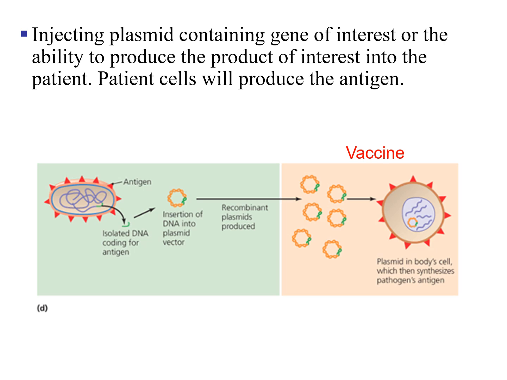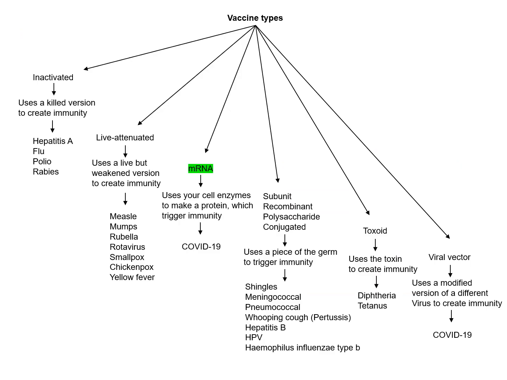Either way, the patient's cell will produce that protein. So that would be the vaccine. To further illustrate that one, think about the mRNA vaccine that we got from Moderna. That's what it did: they introduced the mRNA that is going to make the protein that is going to be the vaccine.